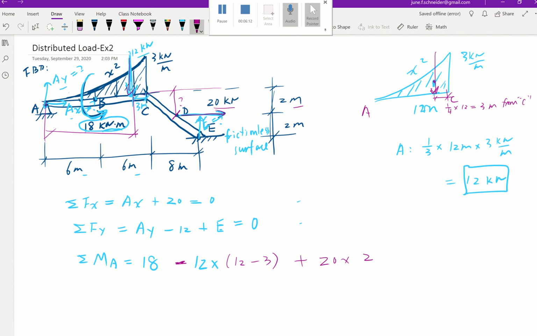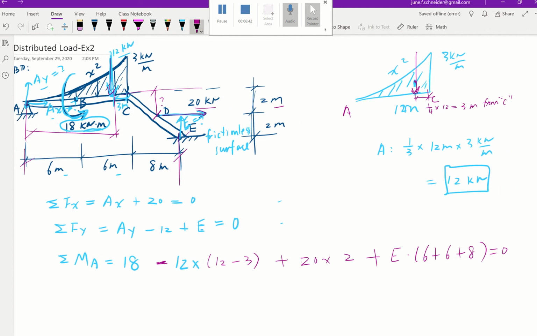Okay, now the last thing we have is this force E. This E is rotating about A, so the moment arm is going to be this entire horizontal length, 6 plus 6, which is 12. And that's counterclockwise, so it's going to be positive. All those equal 0. So in that situation, if you look at equation number 3, the moment equation, you can figure out the unknown E in one step.